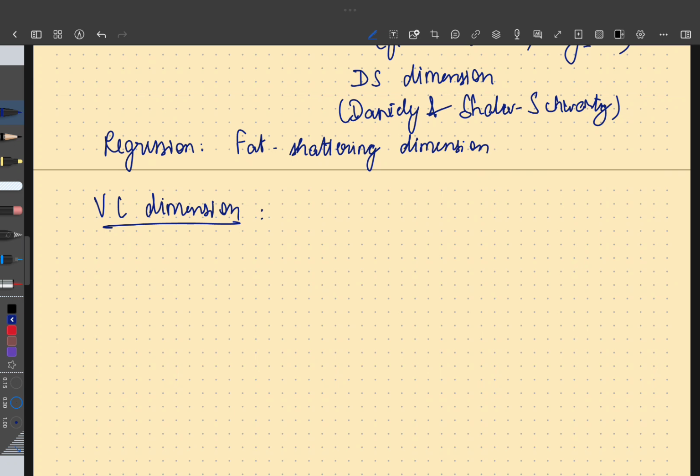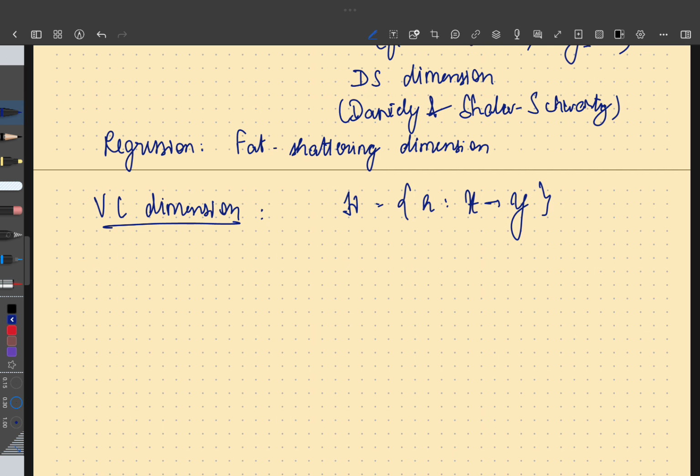Right. So we're given a hypothesis class H. It is some collection of functions from X to Y. It could be parameterized. It need not be parameterized. Okay. So let's suppose that I take now the domain set X. It could be finite.